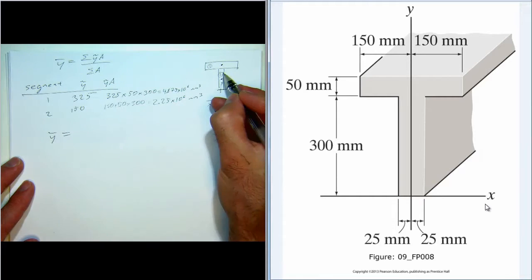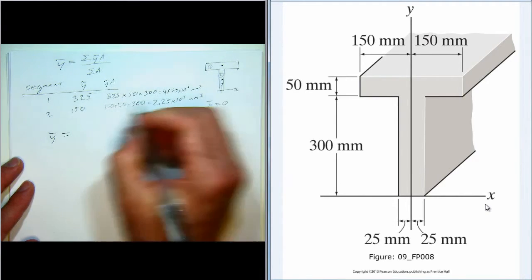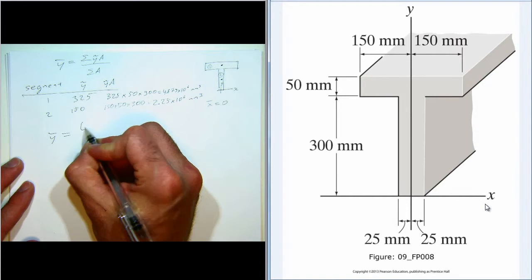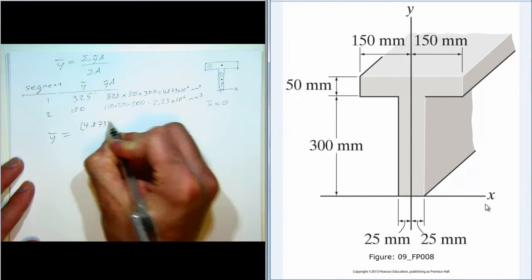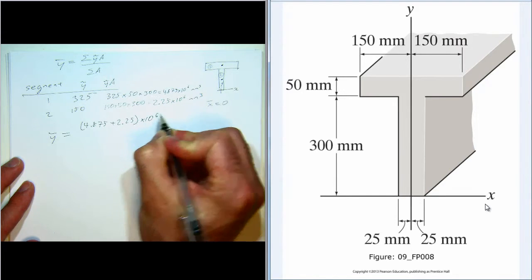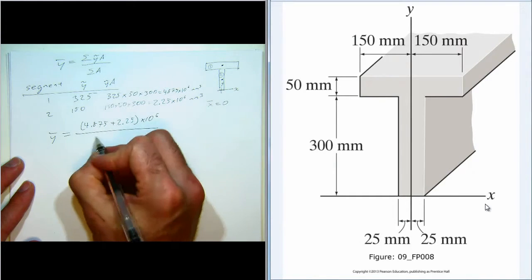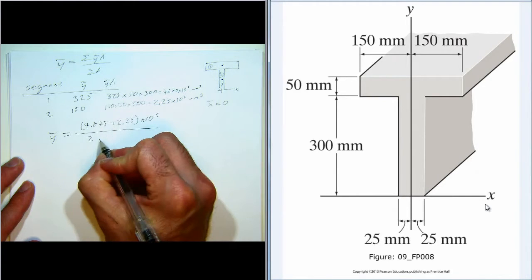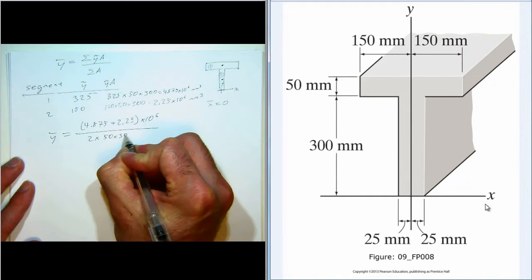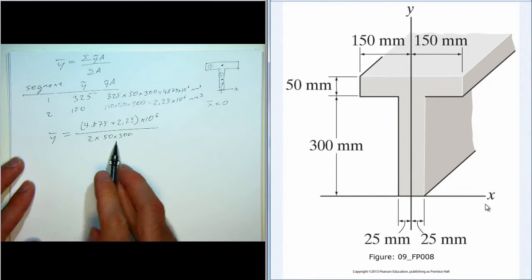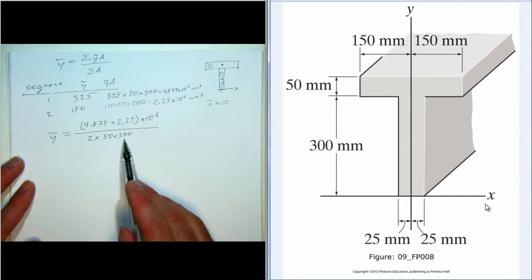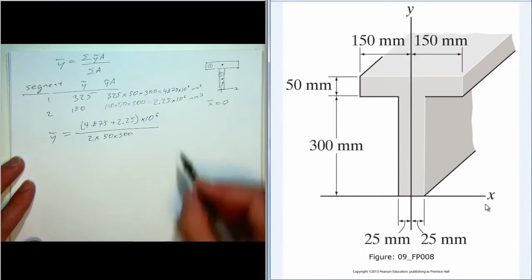So y bar, the location of the centroid for this composite shape, is 4.875 plus 2.25 times 10 to the 6 divided by 2 times 50 times 300. 2 times 50 times 300 is the areas of the two added up, 50 times 300 for two parts.